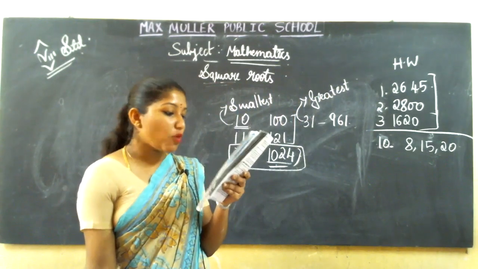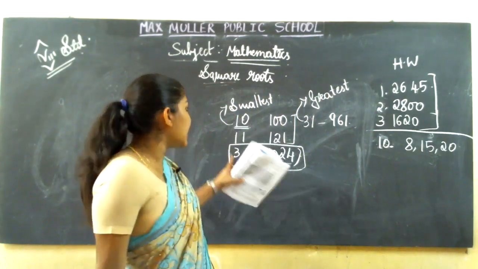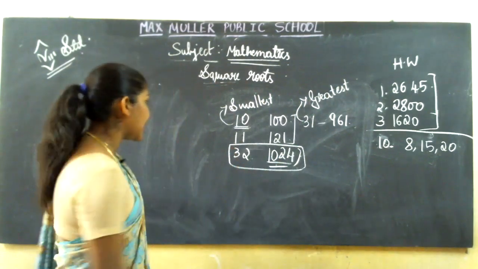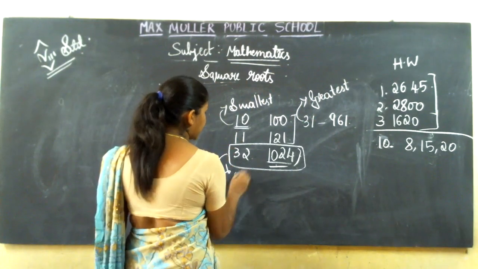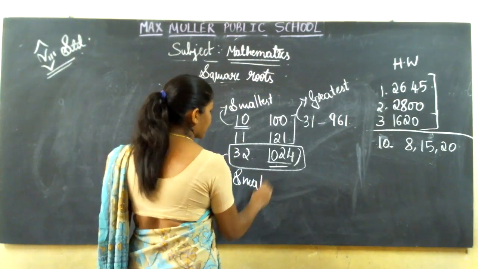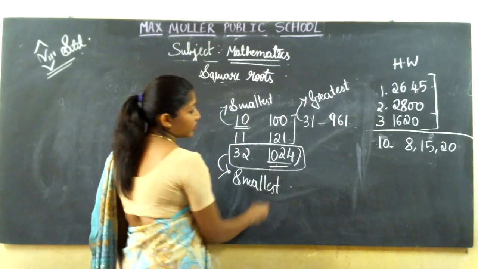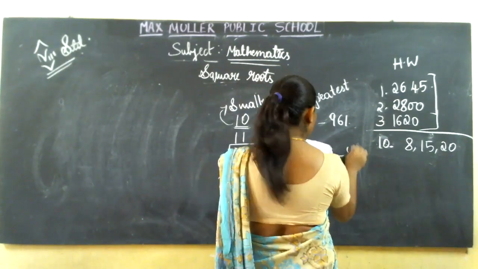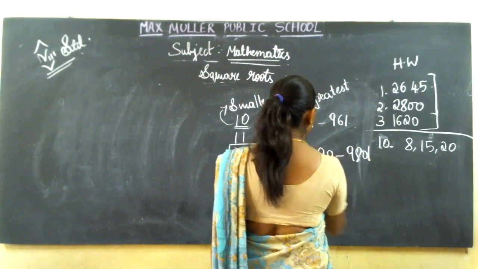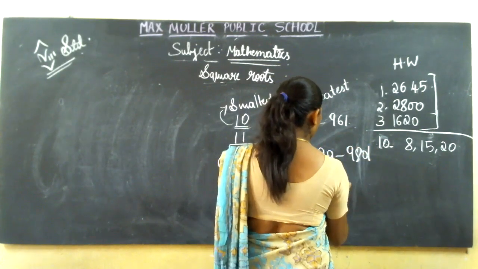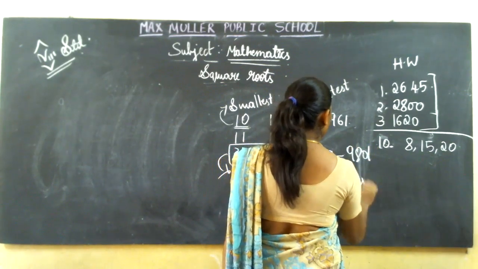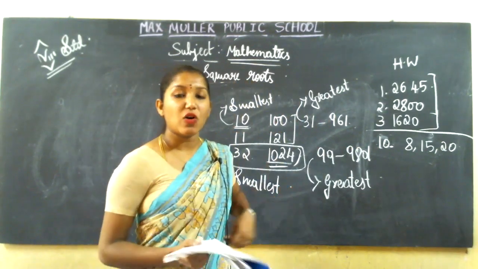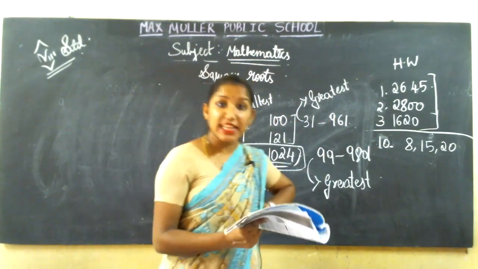And the smallest 4-digit square comes from 32, and the greatest 4-digit square comes from 99, that is, you will get 9801. Okay, hope you all understood this class.